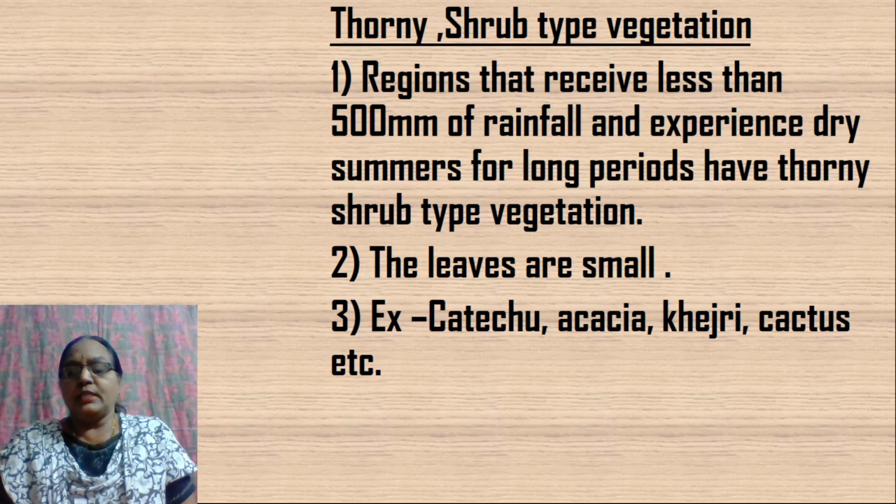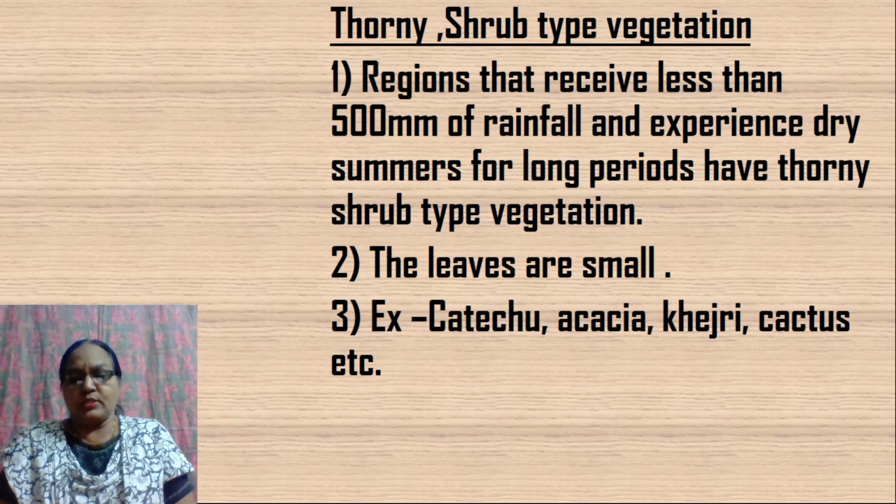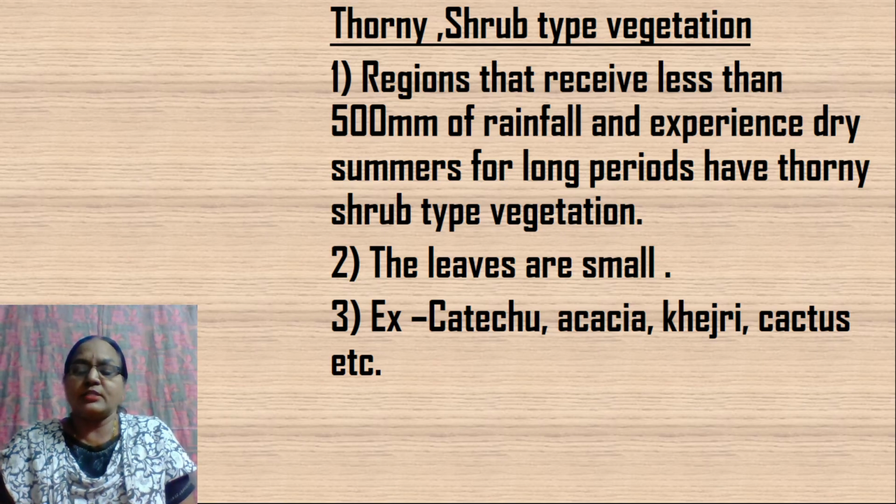So the leaves are mostly reduced into spines, and at the same time the leaves are also very very small, that is to prevent the loss of water due to again evaporation. Examples of trees found here are catechu, acacia, kejari, cactus, that is a variety of cactus, etc. Okay.